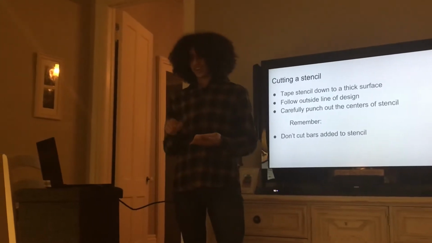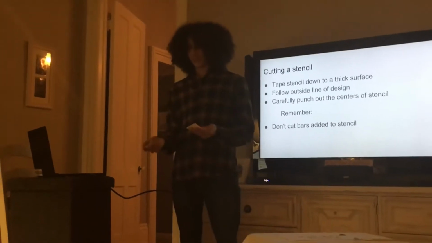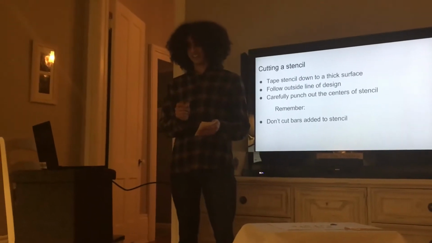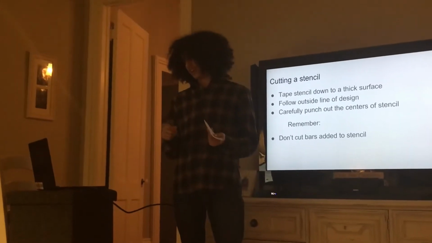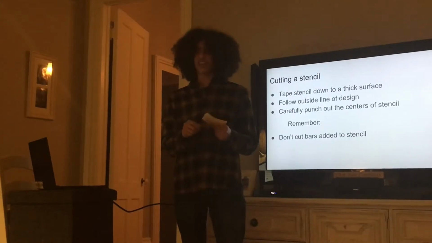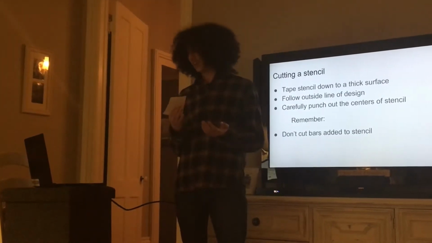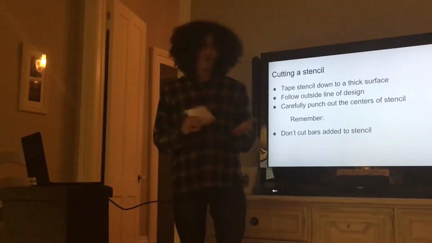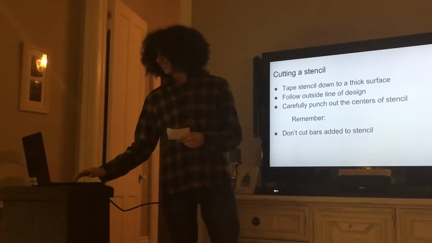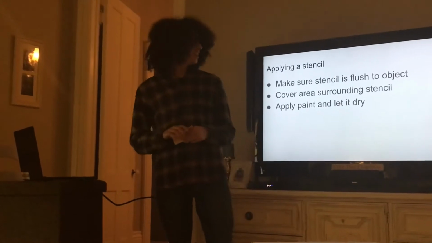I used an X-Acto knife. Just follow the outside of your design, and then once you have it all cut out, punch it out carefully so that you don't bend your stencil, because that could skew the image a little bit. And then once you do that, your stencil is cut out, and after that you just have to apply it.